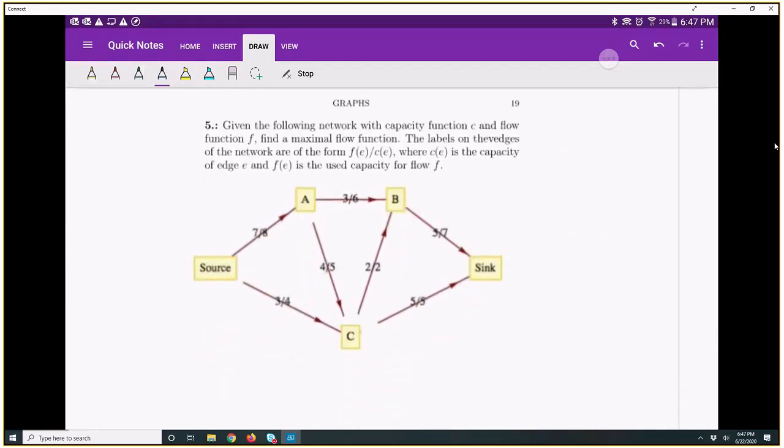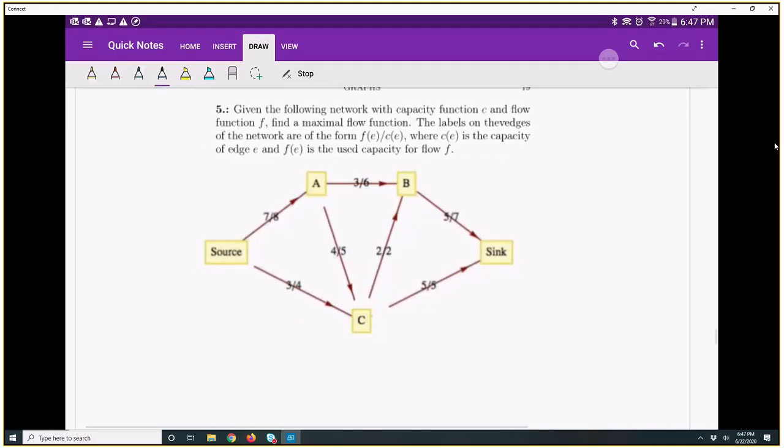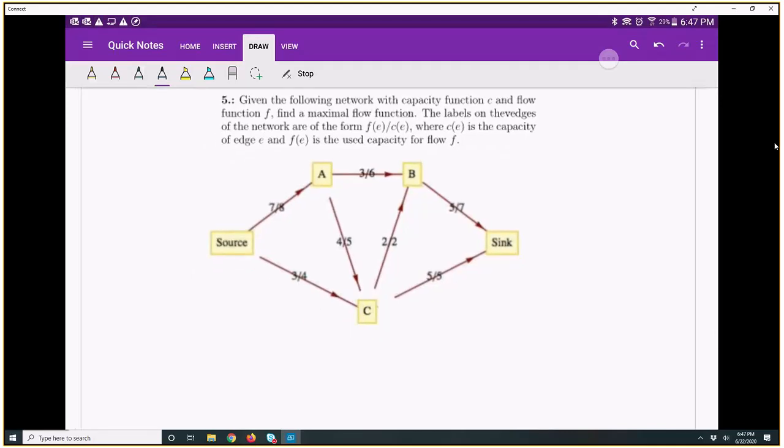Okay, in the next exercise, we have a network with capacity function C and flow function F. And in this case, we do want to find the maximal flow function. In this case, the labels on the edges of the network are already in this fraction form of the flow divided by the maximum capacity, or the weight. So what are we looking for? We're looking for flow augmenting paths, possibly more than one.